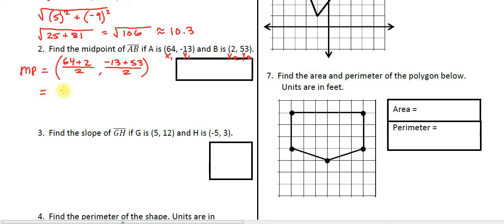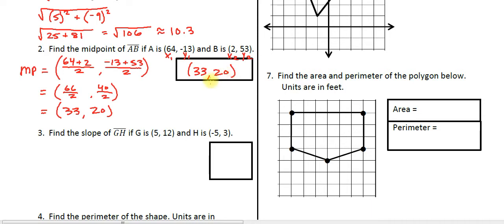Let's simplify this. 64 plus 2 is 66, still divided by 2. Negative 13 plus 53 is 40, and that's still divided by 2. We can simplify these further. 66 divided by 2 is 33, and 40 divided by 2 is 20. So our midpoint is at (33, 20).